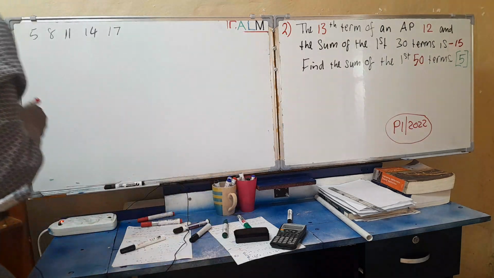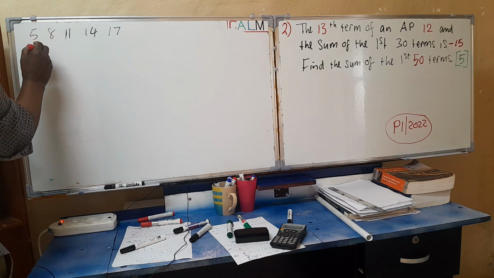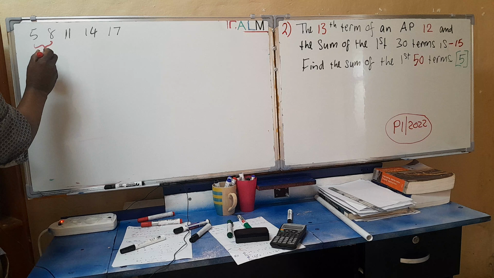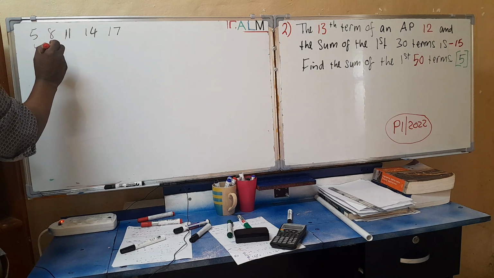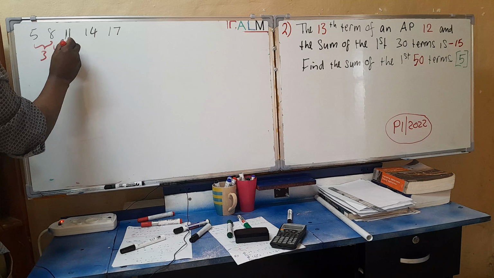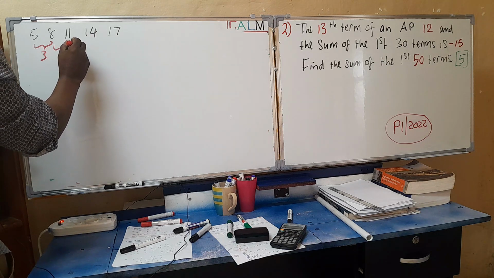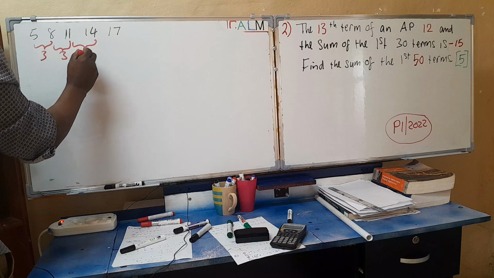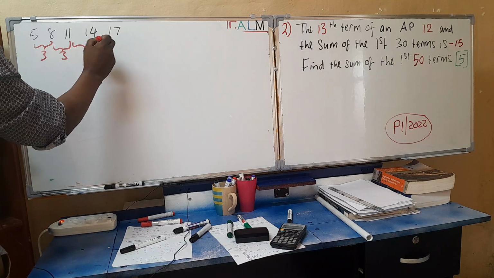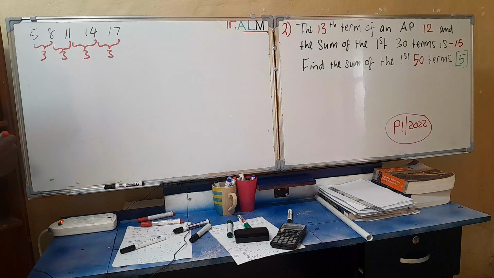In this case, if we subtract 5 from 8, we get 3. 8 from 11, we get 3. 11 from 14, we get 3. 14 from 17, we also get 3.